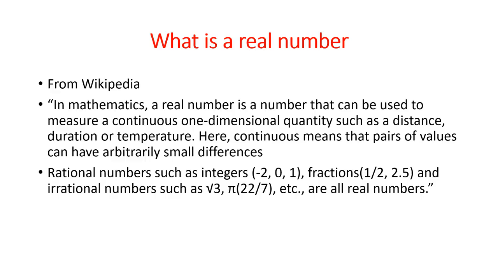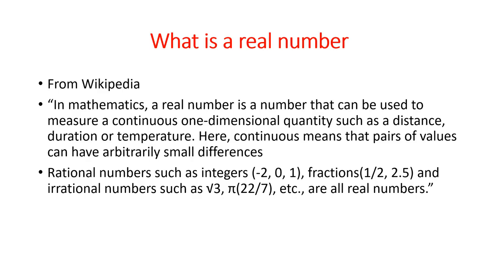The first thing I'm going to define is the real number, and I took this directly from Wikipedia. In mathematics, a real number is a number that can be used to measure a continuous one-dimensional quantity, such as a distance, duration, temperature, and so forth.